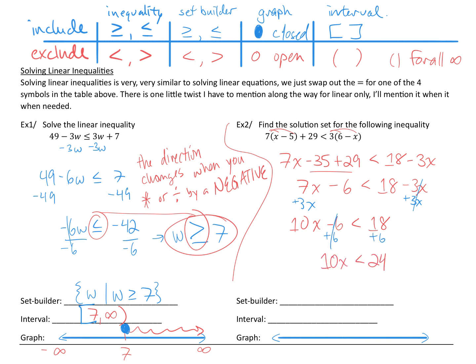Then we can divide both sides of this inequality by 10 and then simplify the resulting fraction to get x is less than 12 over 5. Now I'm going to stop here for a moment and say out loud that this inequality symbol did not change. And that is because you divide by a positive 10 here, like that.